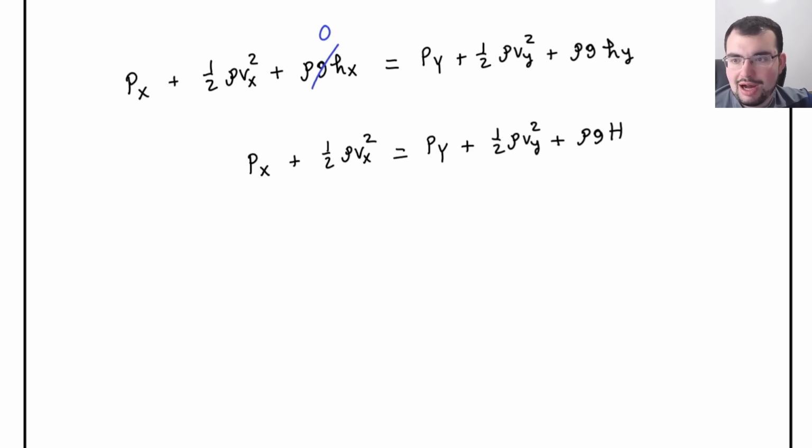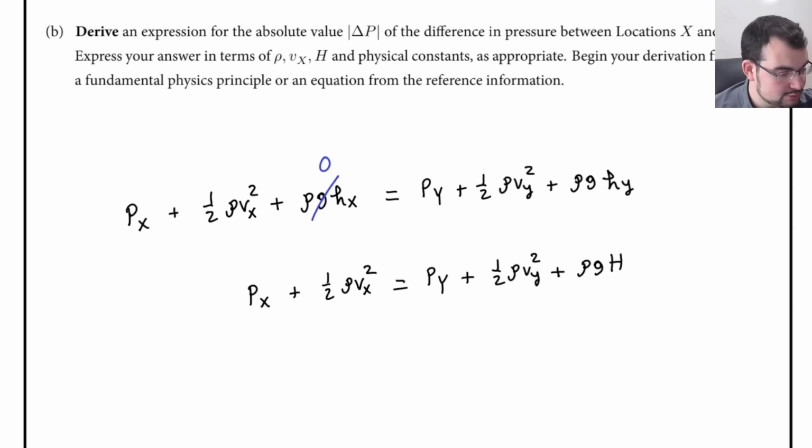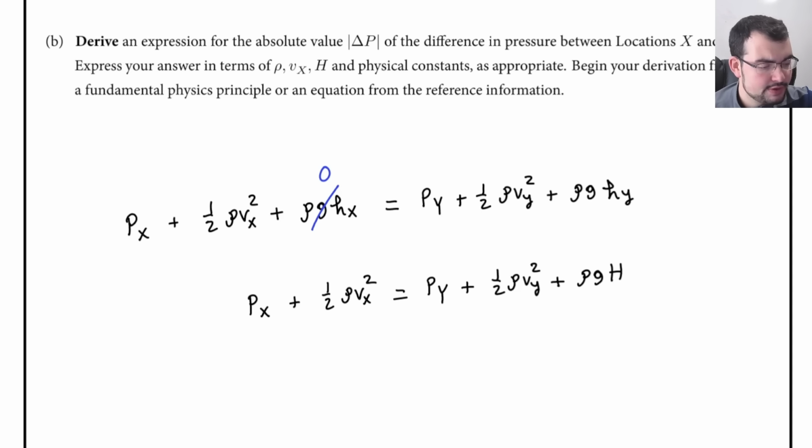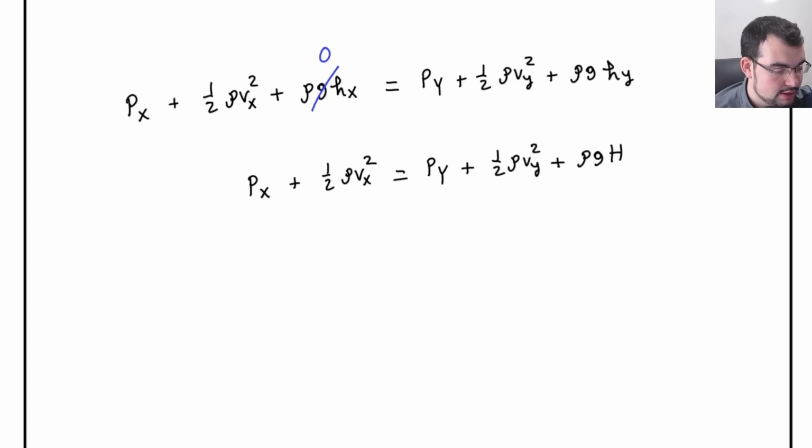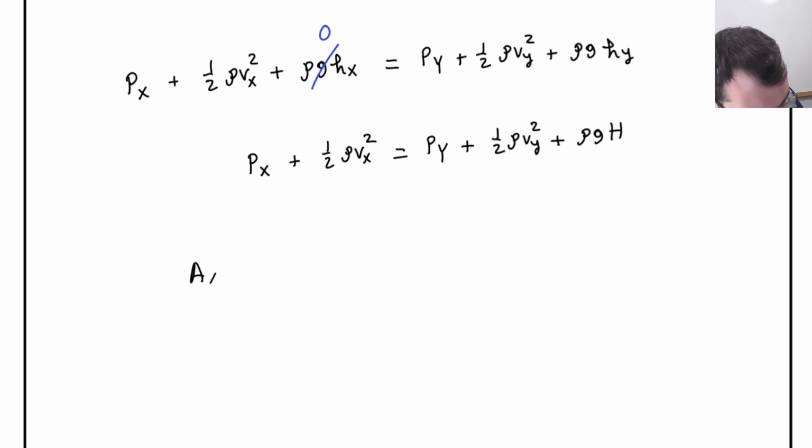And what we actually want is the pressure difference between the 2 points. So we can start moving things around, but notice we don't have the speed at Y, which would be helpful for us to have. So that's part of this derivation, is we got to figure out the speed at Y. So that uses continuity. We see this equation that AX Vx equals AY Vy for continuity.